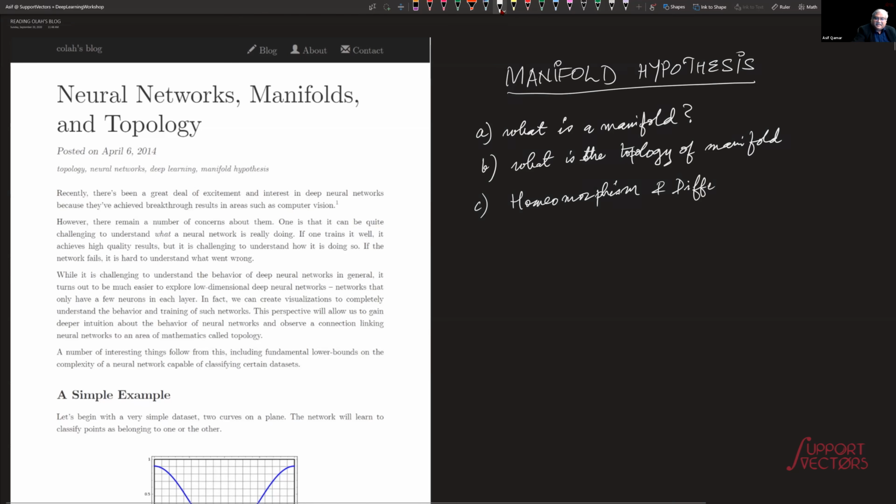Diffeomorphism is something this blog did not mention. This is actually more relevant to neural networks. They're not just homeomorphisms, they're diffeomorphisms. So what are these things? We will understand that. And what is the relationship of machine learning to manifolds and topology?